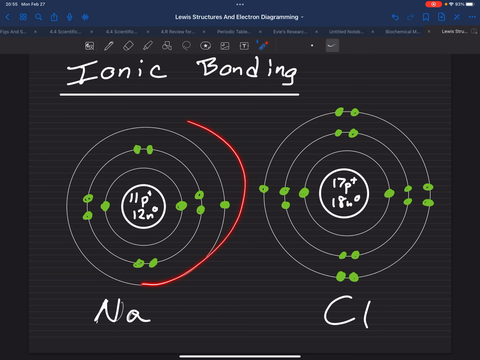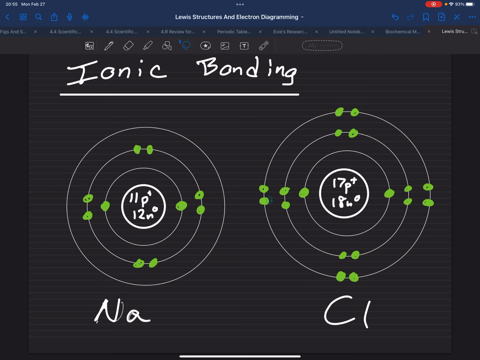So you can see in this valence shell, sodium only has one valence electron, whereas chlorine has 2, 4, 6, and 7, right? Now, chlorine wants to have 8, and so it's going to steal this one from sodium, and so it just picks this up and moves it over here.